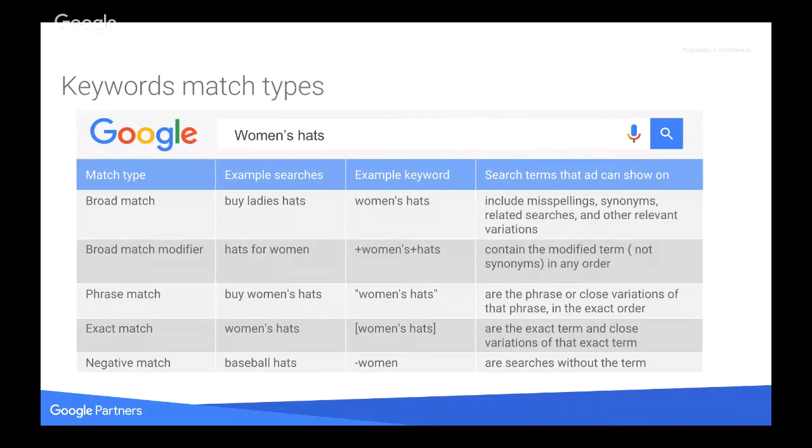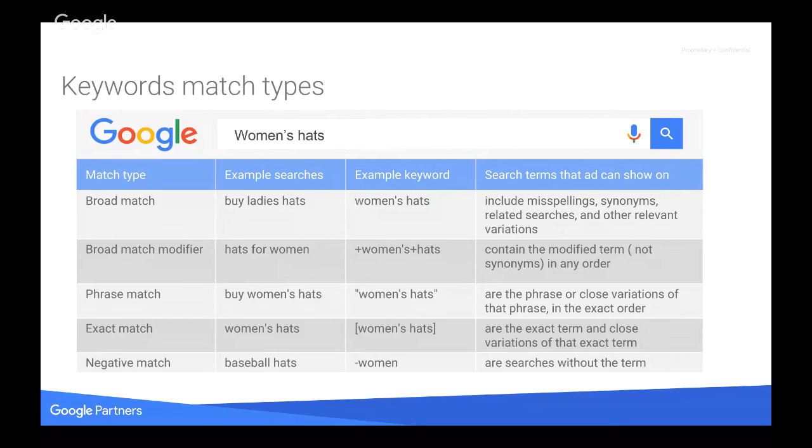But there are a lot of keyword match types that you can choose from. So let's go about it in chronological order. You have broad match, which is the broadest match type. It'll match to, say, misspellings, synonyms, any variation of your keyword term. So if you say buy ladies hats, it can match to absolutely anything that has the words ladies hats or any variation of it.